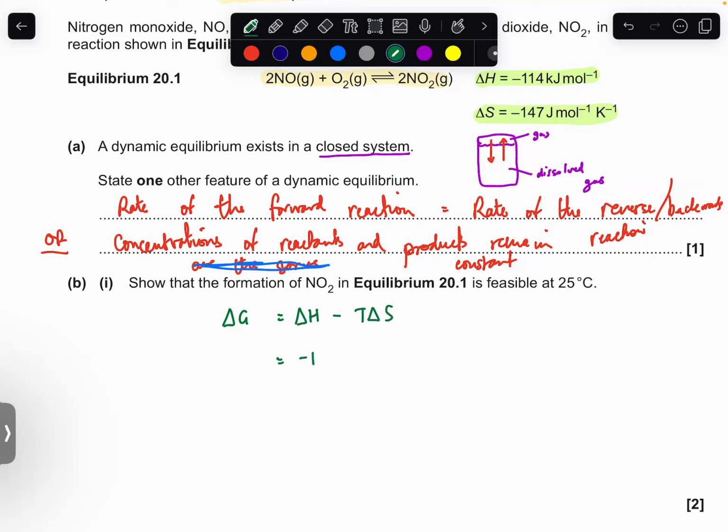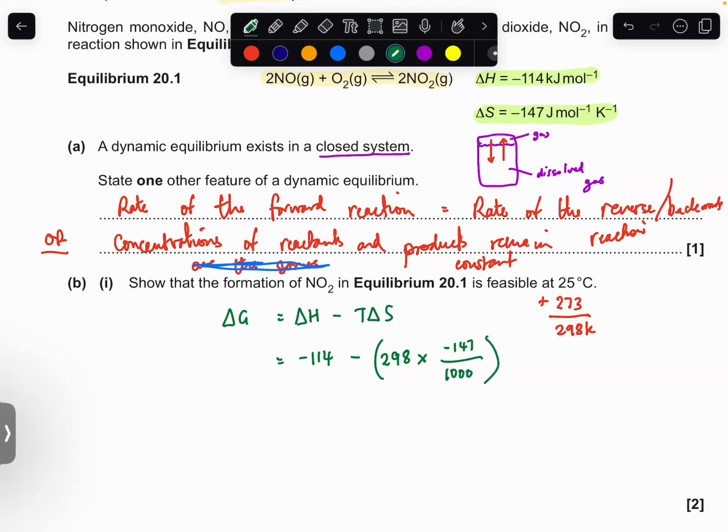Delta H is given as minus 114, minus T, which is 273 plus 25, let's convert that to Kelvin. That gives you 298. So that will be 298 multiplied by the entropy change. The entropy change, if you look at the units, is joules per mole per Kelvin. We need it in kilojoules. So we need to minus 147, and divide that by 1,000.